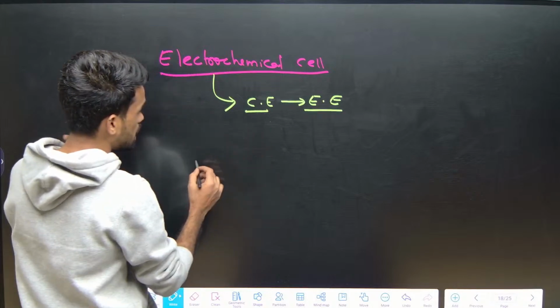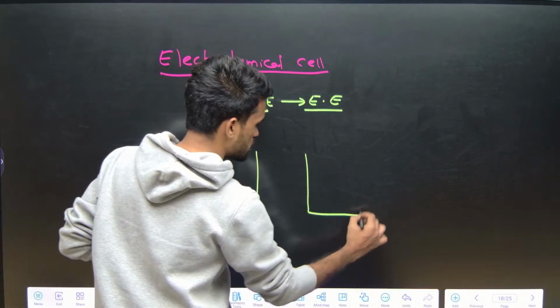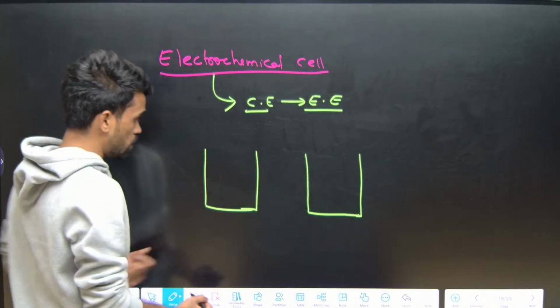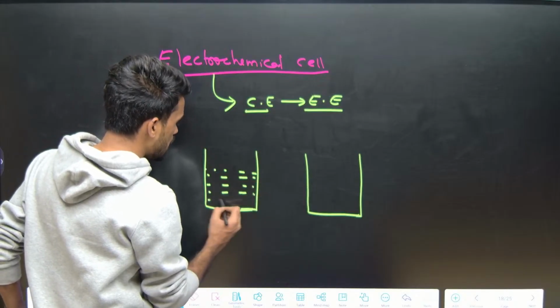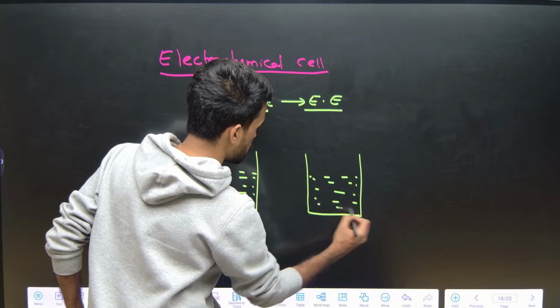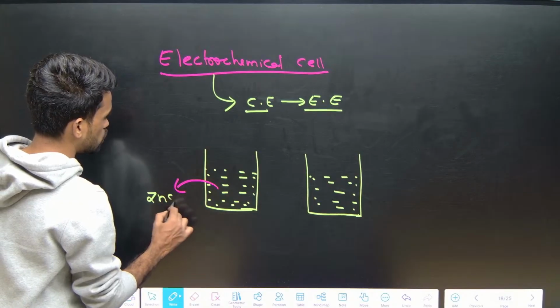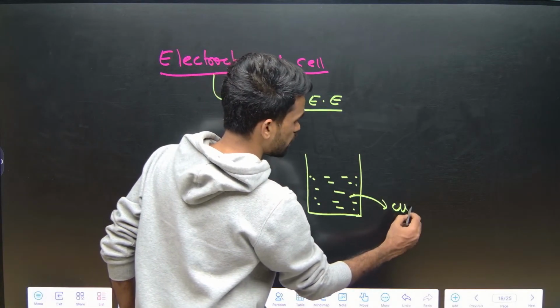In this cell we have two compartments, one is called the anode compartment, the other is called the cathode compartment. First anode, next cathode. In this anode and cathode we will be taking electrolytic solutions. For example, in the anode compartment I am taking zinc sulfate solution. Here I am taking copper sulfate solution.